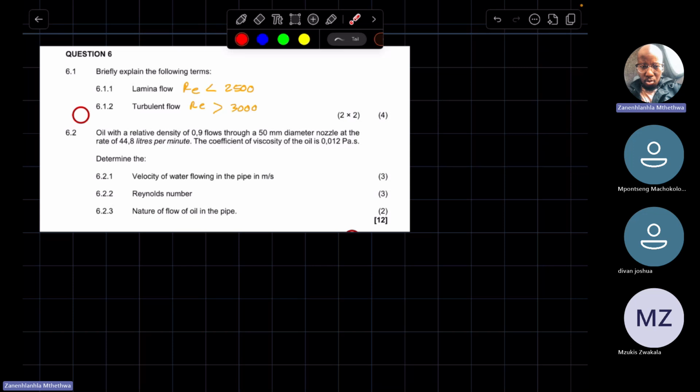The Reynolds number is dimensionless, it doesn't have dimensions. So if you choose to use the Reynolds number in your explanation, that is fine as well, as long as you show an understanding of what this nature of flow, laminar and turbulent, refers to. Are we clear?